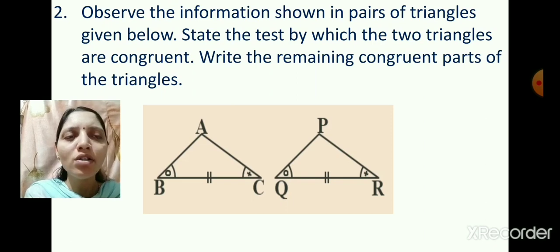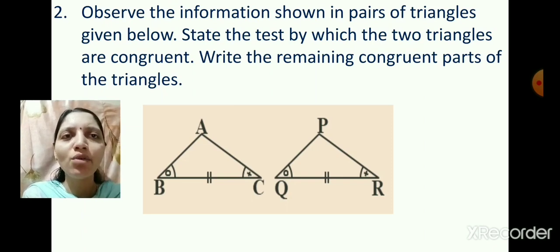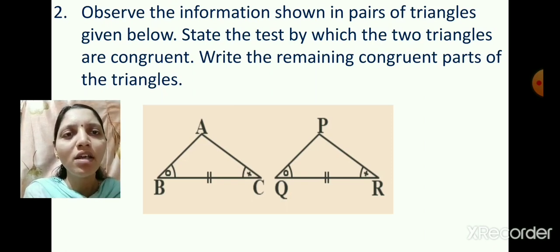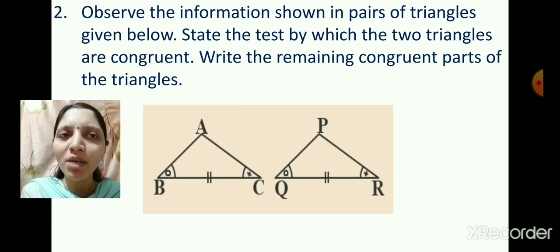Here also the equal parts are mentioned, and you have to write by which test these two triangles are congruent, and you have to write the remaining congruent parts of the triangle also, because here only 3 equal parts are shown to us, and the remaining 3 parts you also have to write down, because if 3 parts of any triangles are equal, then the remaining 3 parts will also automatically be congruent.